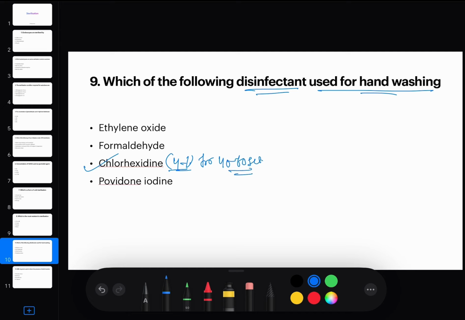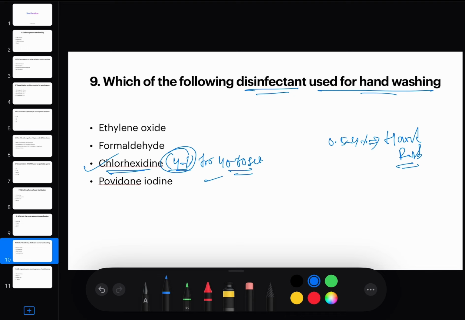This is the contact time. Then 0.5 to 4% chlorhexidine is used for hand rub. But for hand washing, chlorhexidine is used at 4% for 40 to 60 seconds.